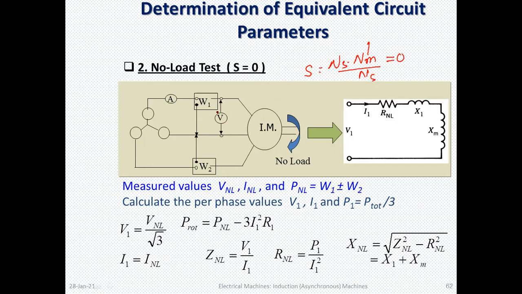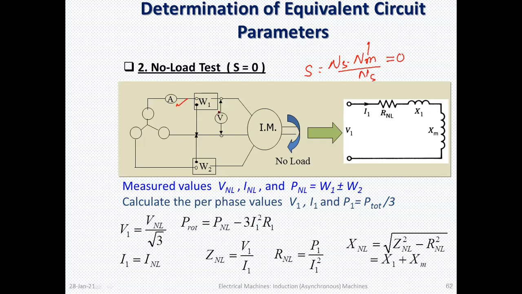Here this is the voltmeter connected between two phases, and the supply is given to the stator, which is a three phase star connection. The wattmeter is used to measure the power losses, and the ammeter is used to measure the current.